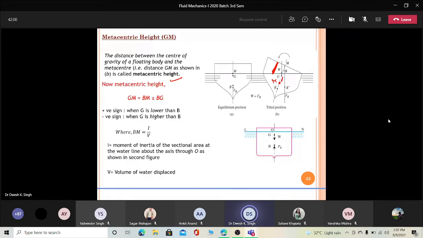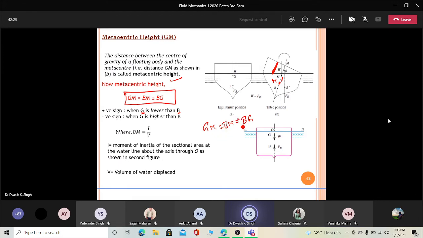And accordingly, your GM will be positive or negative. So when it is positive, G is lower than this B. And when it comes like here, this will give you the negative, like this case. Here, this is the relation, that is ZM is equal to BM minus BG. It can be positive and negative, that depends on the stability and instability.